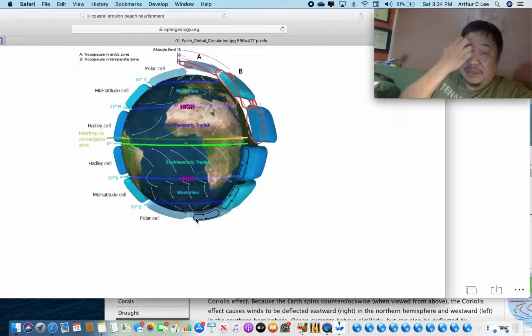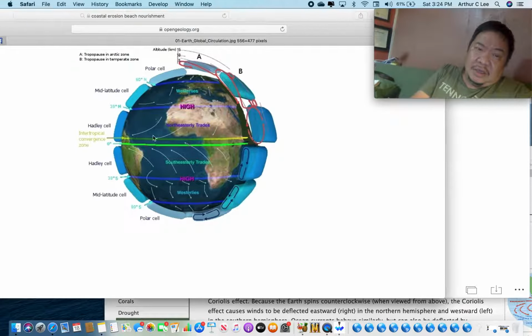Let's get our bearings here. This area around the equator is filled with low pressure cells. That's why we have rainforest near the equator, warm, moist weather, and luxuriant vegetation.